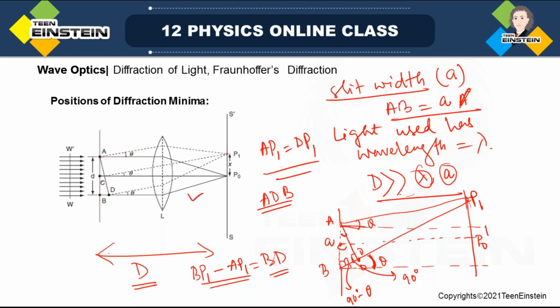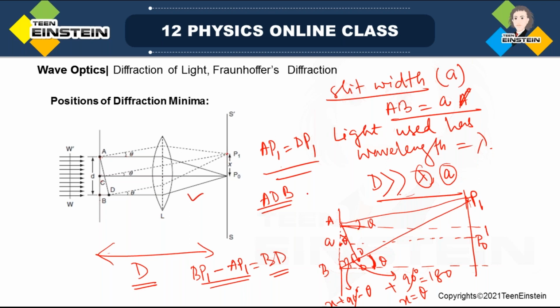So what will be this angle then? The total will be 180. If I say this angle BAD is X, then X is equal to theta. So this particular angle also will be theta.